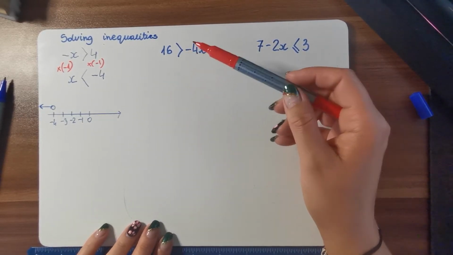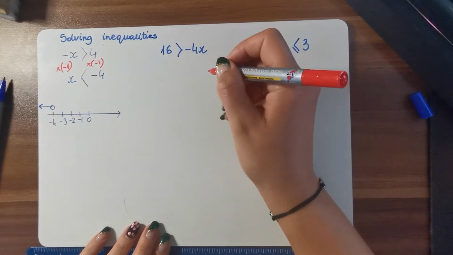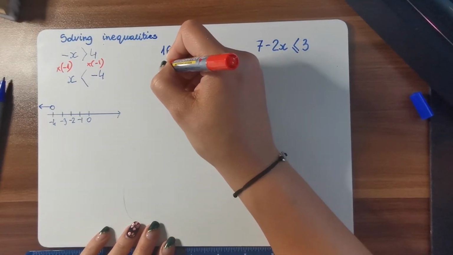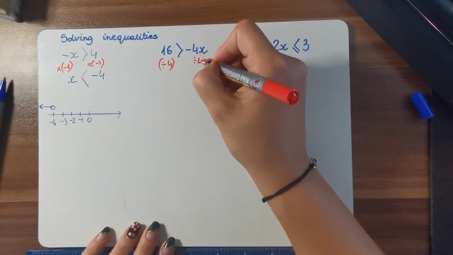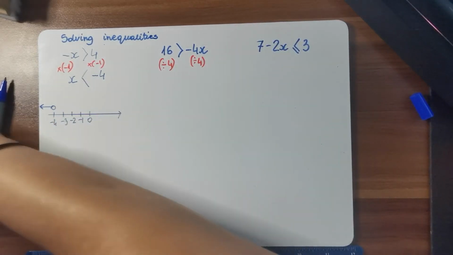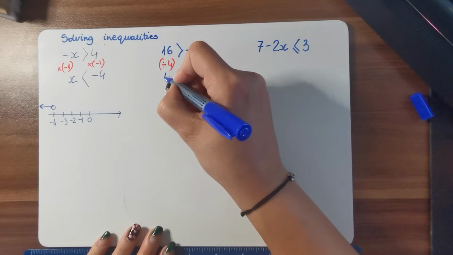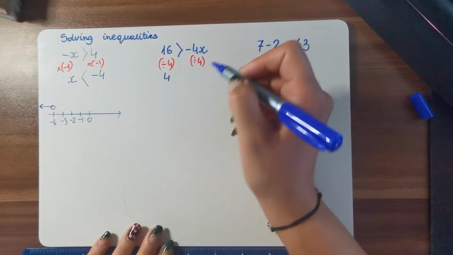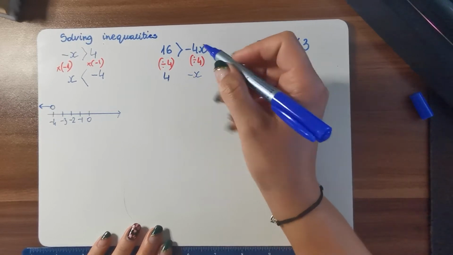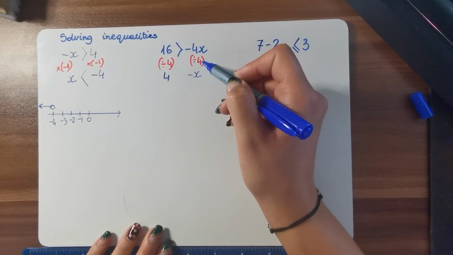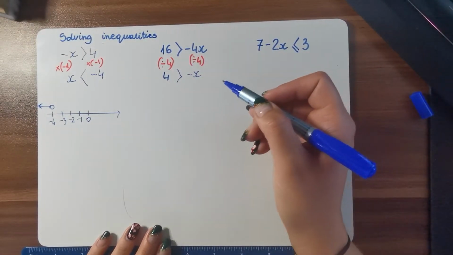So first, I can divide both sides by 4. 16 divided by 4 will give us 4. Negative 4x divided by 4 will give us negative x. We have divided by a positive number, so we don't have to change our inequality sign.